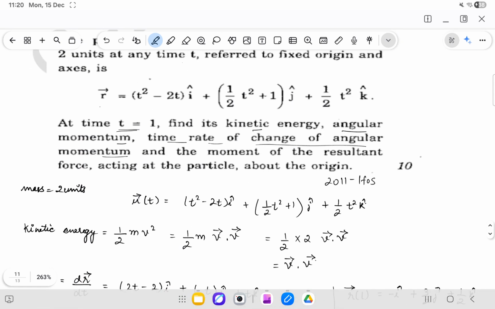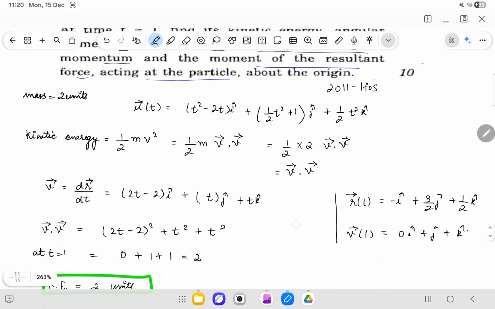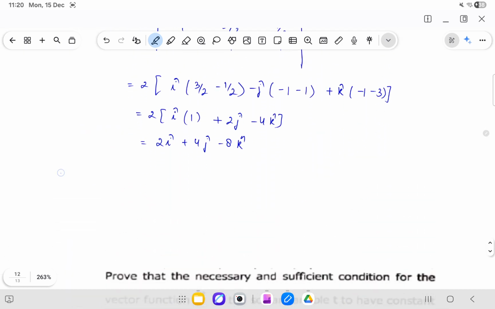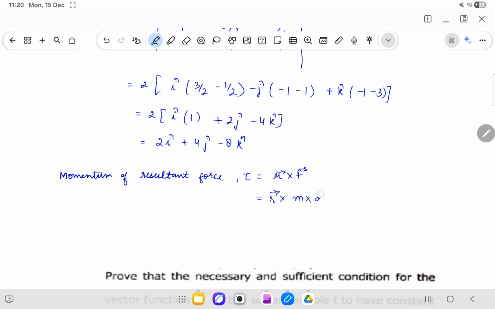And the last thing that we are supposed to find is the moment of the resultant force acting on a particle about the origin. So the moment of the resultant force is basically torque. The moment of resultant force, which is given by torque, is r vector cross F vector, where F is force, and force we can easily evaluate by mass into acceleration.